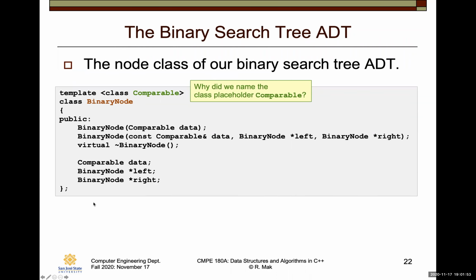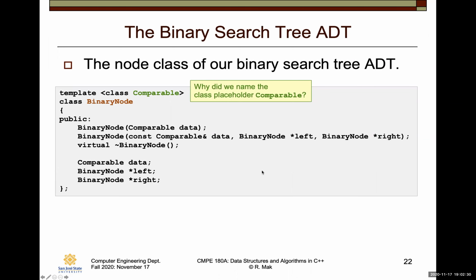You can see here that the data that we put into the node is of type Comparable, and then you can see the pointers to the left and right children. When we construct a binary node, maybe all we do is pass in the data, or we can pass in the data and pointers to the left and right subtree. So depending on the situation, we can use one or the other constructor.